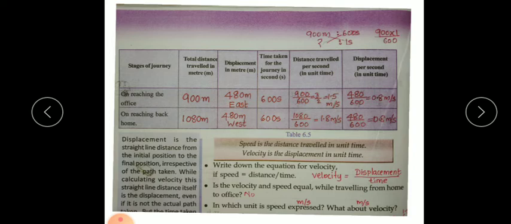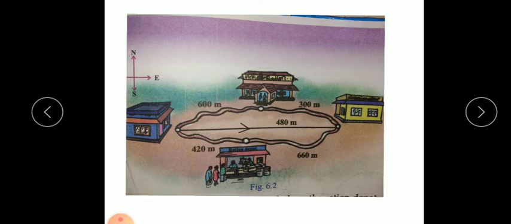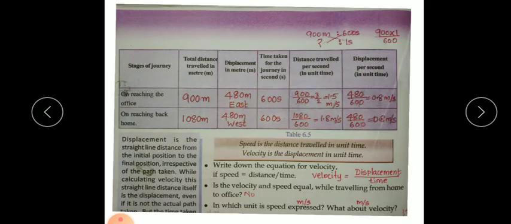While completing it in your textbook, you have to use pencil. Do not use pen, okay? You have to use pencil. See, stages of journey, total distance traveled in meter, displacement in meter, time taken for the journey in second, distance traveled per second, displacement per second. Based on this diagram, you have to fill this table.